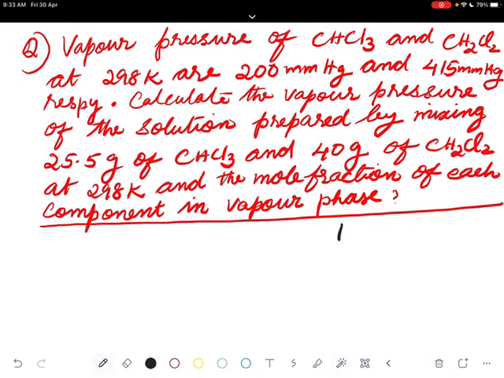P total is equal to, we can derive an equation, that is P total is equal to PA plus PB. That is, according to Raoult's law, P naught A XA plus P naught B XB.